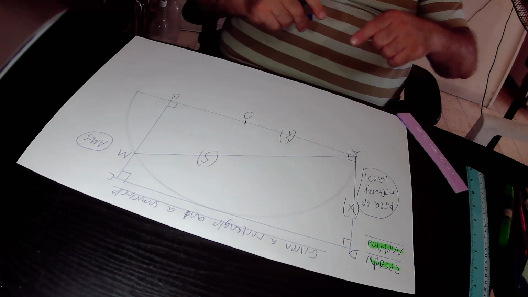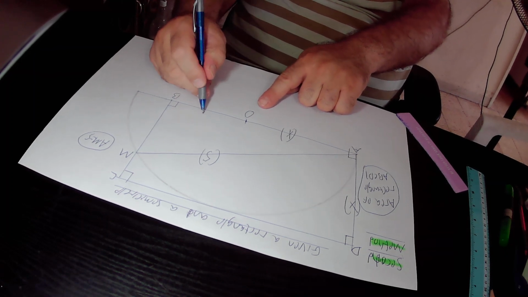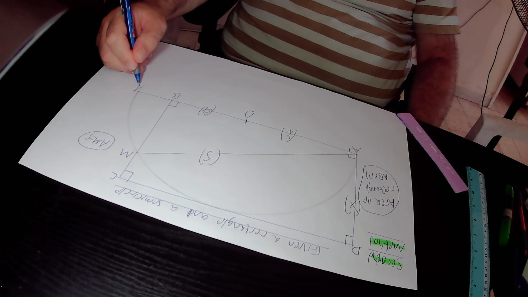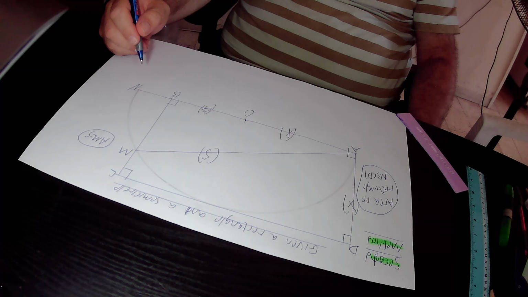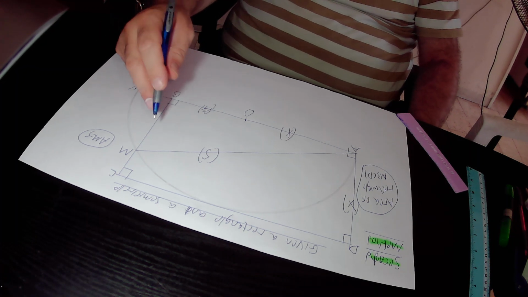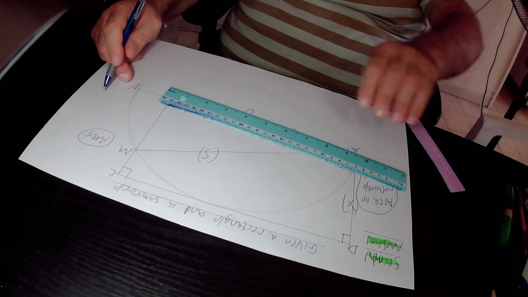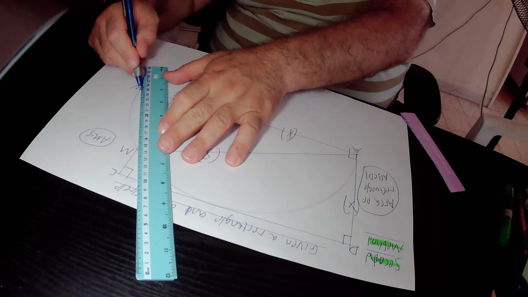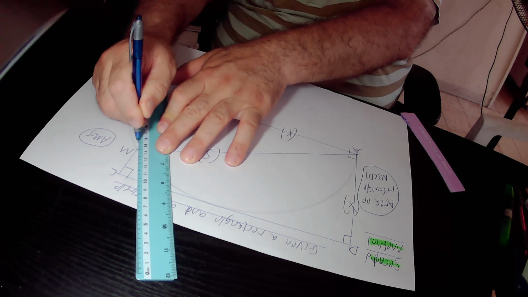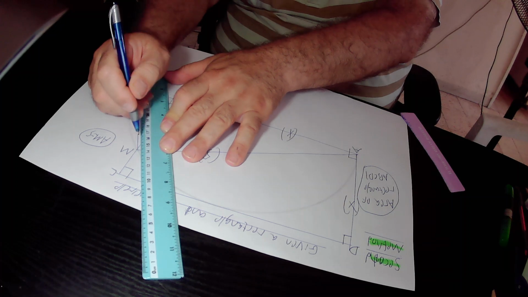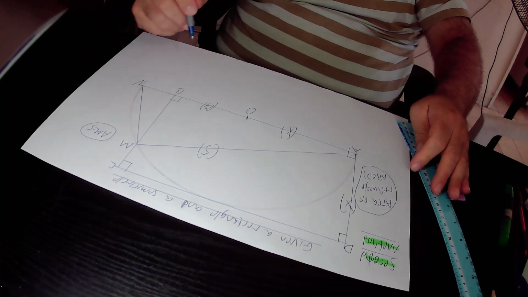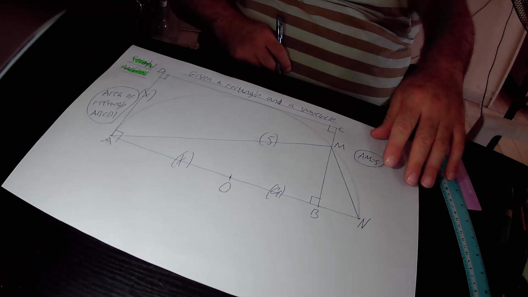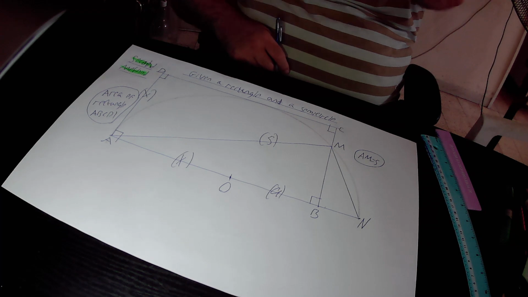In the next step, we define the length of this line segment OB as a, and we define this point as N. In the next step, we join points N and M together by a straight line. By joining points M and N together by a straight line, we can do peripheral angle AMN.